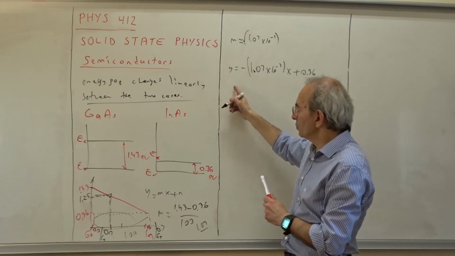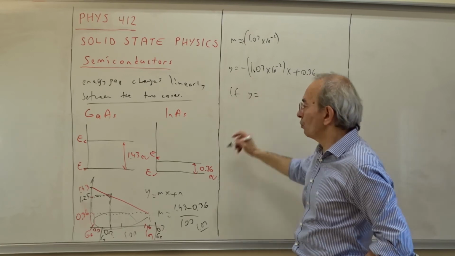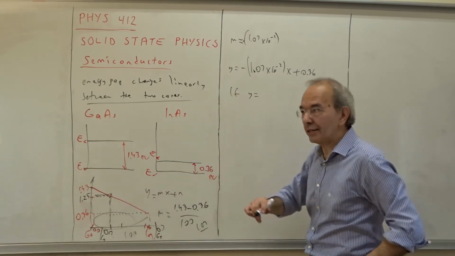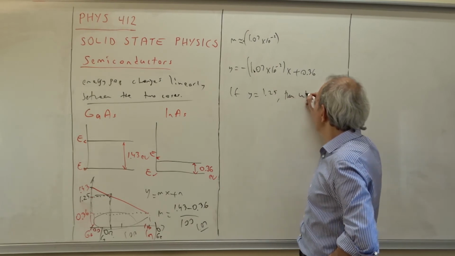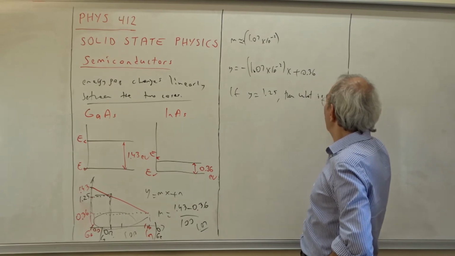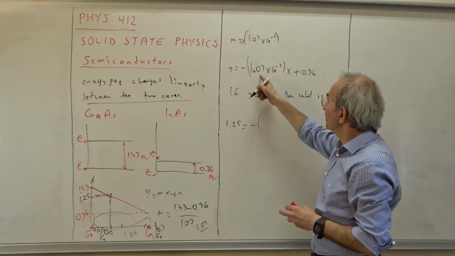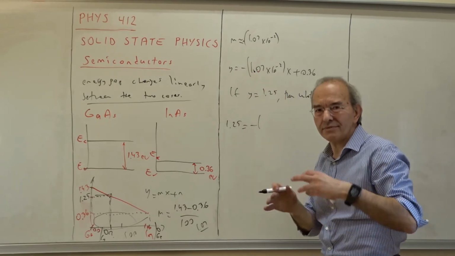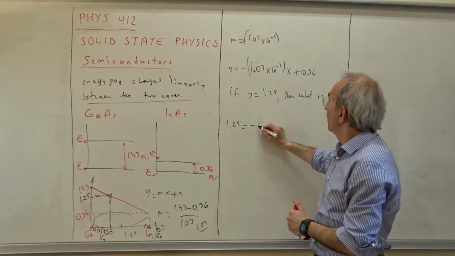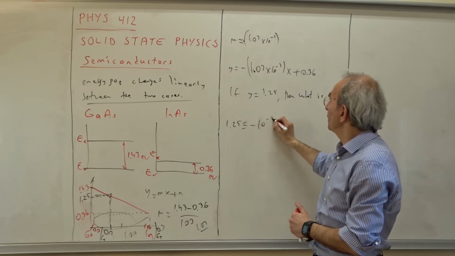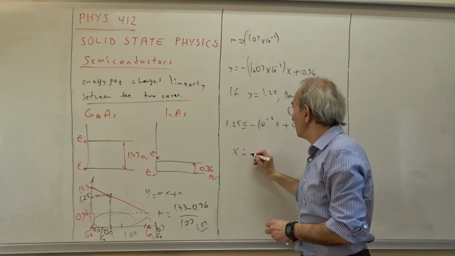And if y is equal to 1.25, which is the required value, then what is x? This is the problem. So minus approximately 10 to the minus 2 x.